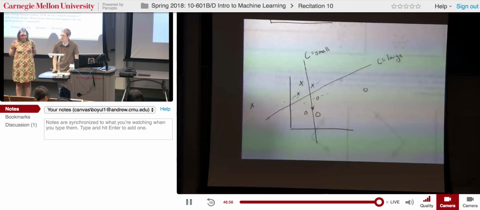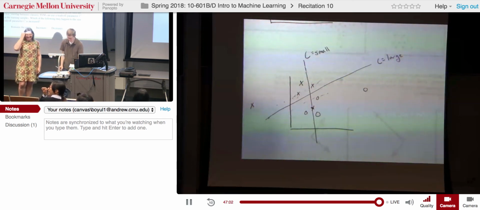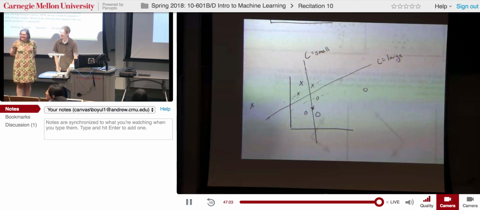And so our algorithm's goal in life will be to make that margin as big as possible without caring about how many points are misclassified. So this is going to be the C small axis. It will maximize the margin between these two points right here and have a bunch of points misclassified. So C equals small.